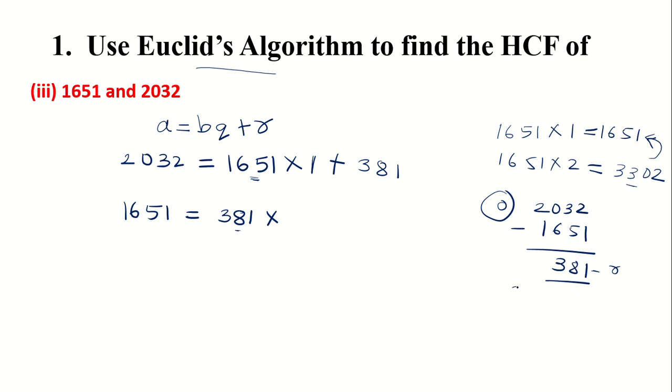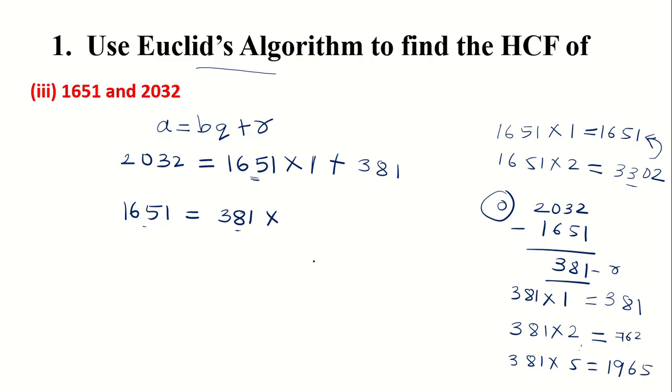In your rough sheet go on writing the 381 table till you get 1651. So 381 into 1 is 381, 381 into 2 is 762.